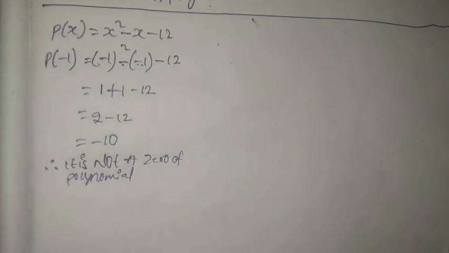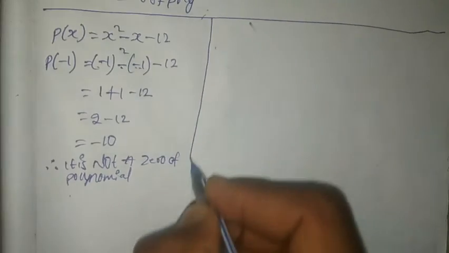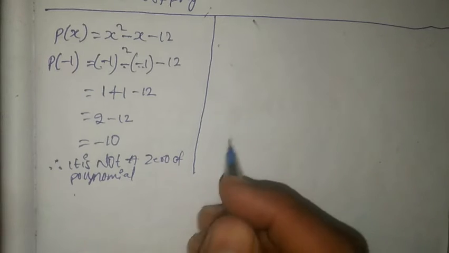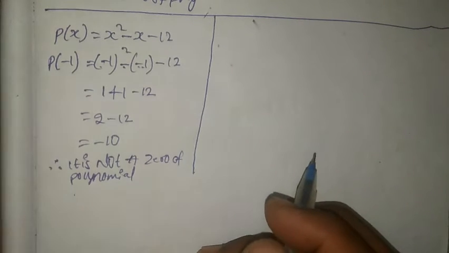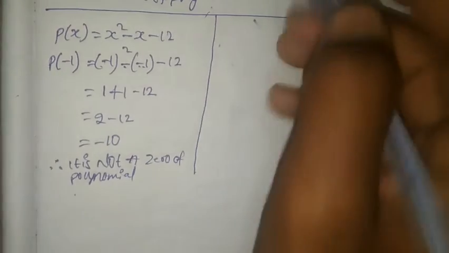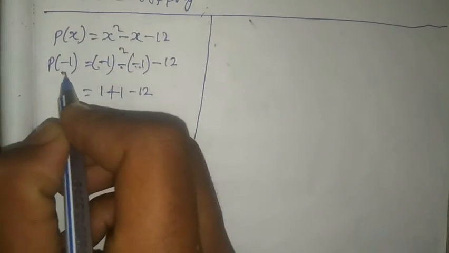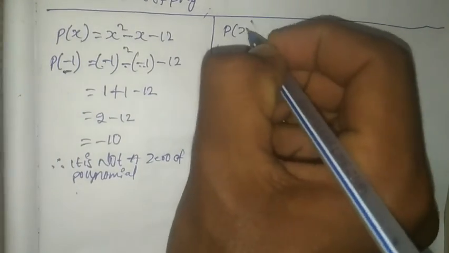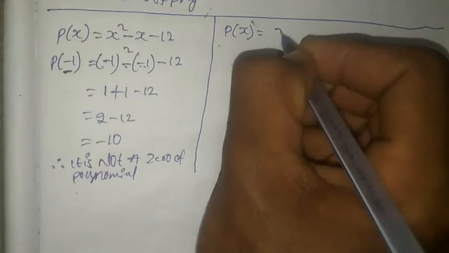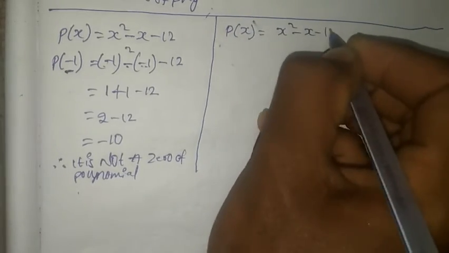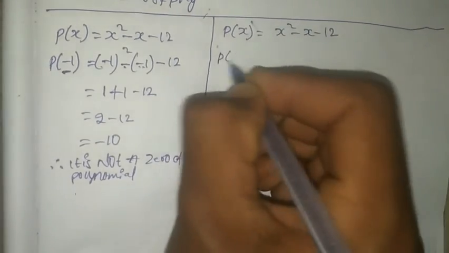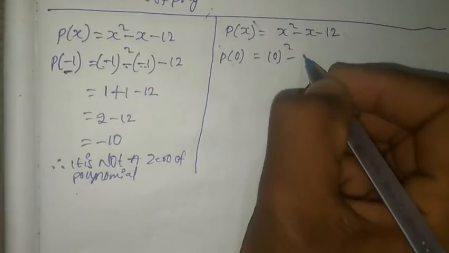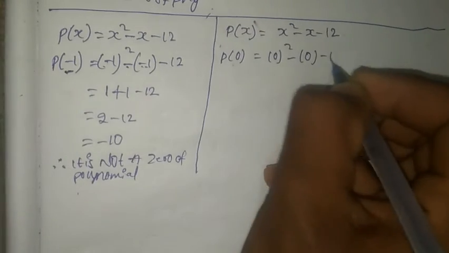Okay. Next we have to take, after minus 1 in the previous problem, now 0. p of x is equal to x square minus x minus 12. So p of 0 is equal to 0 whole square minus 0 minus 12.